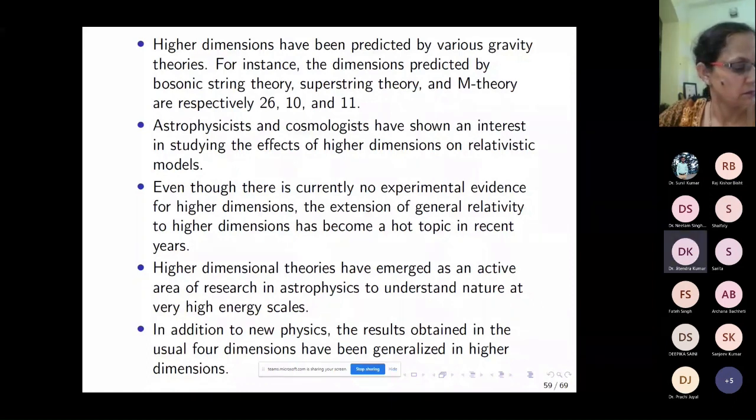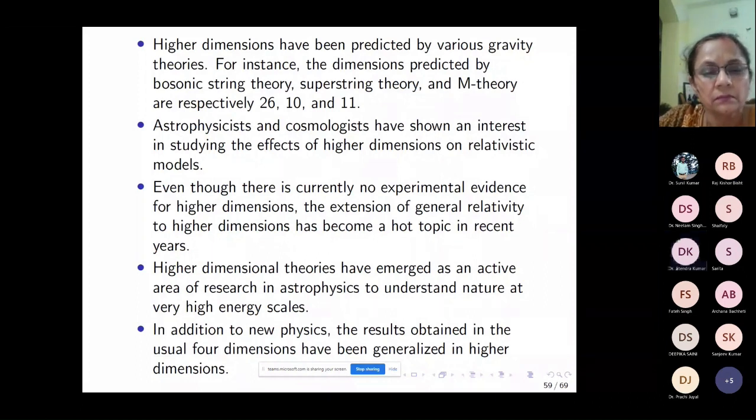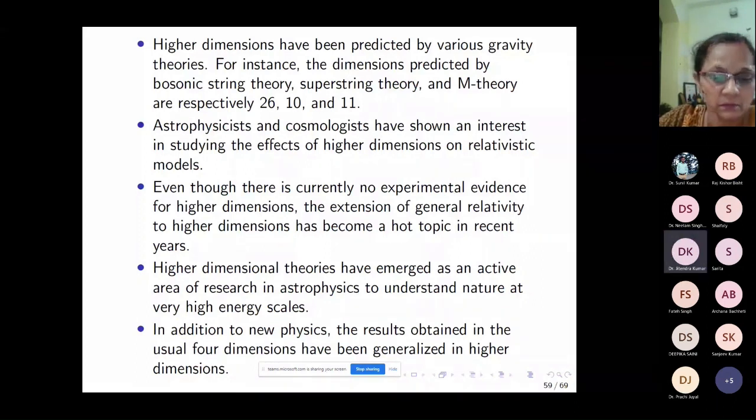Even though there is currently no experimental evidence for higher dimensions, the extension of general relativity to higher dimensions has become a hot topic in recent years. So higher dimensional theories have emerged as an active area of research in astrophysics to understand nature at very high energy scales. In addition to new physics, the results obtained in the usual four dimensions have been generalized to higher dimensions.